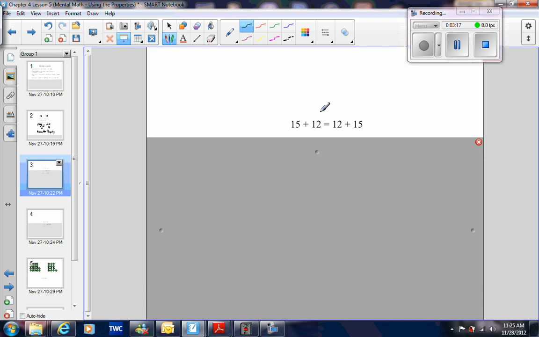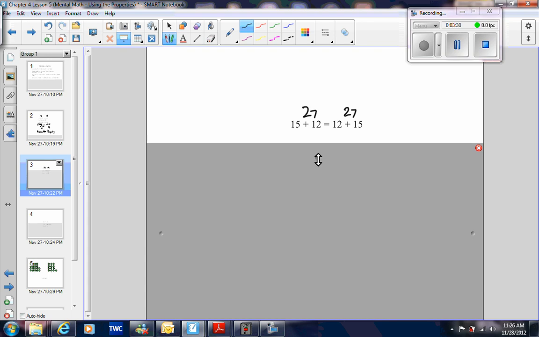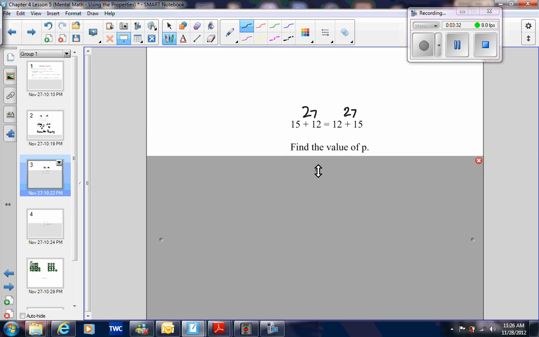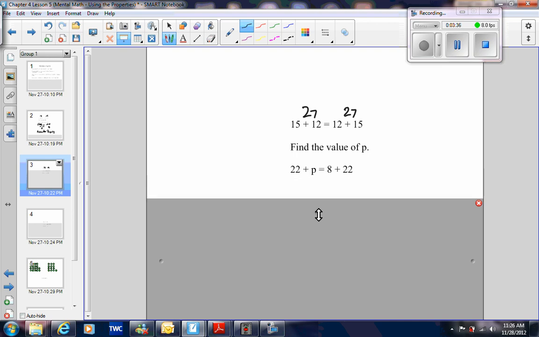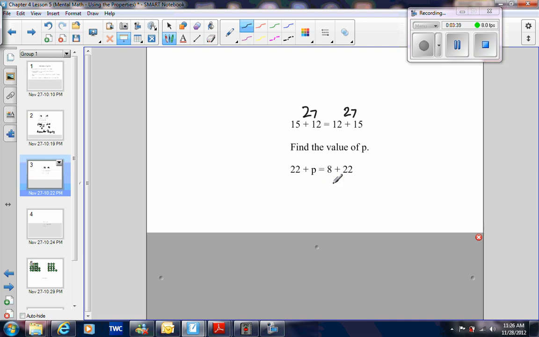Next, 15 plus 12 is 12 plus 15. 27 on this side, 27 on this side. Even if they were added in different orders, still end up with the same amount. Find the value of P. 22 plus P is equal to 8 plus 22.